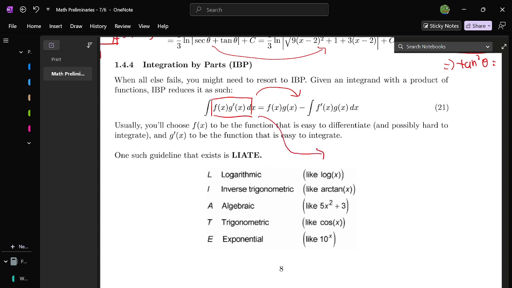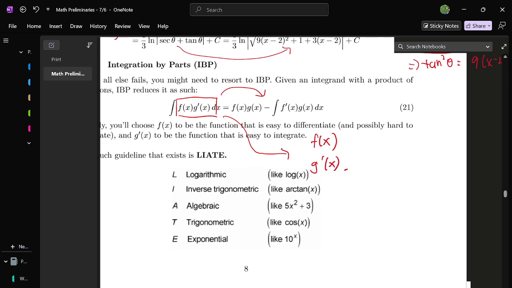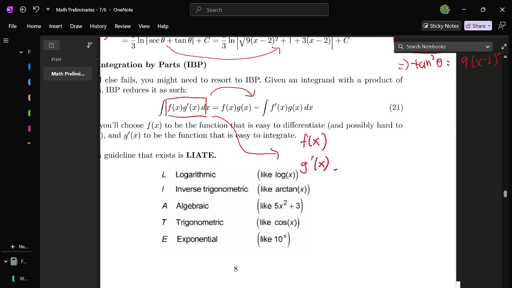So notice here that I've written f(x) and g prime(x). These two functions are in your original integral. But since you have a g prime(x) here and you have a g(x) on the other side, you will need to integrate this.